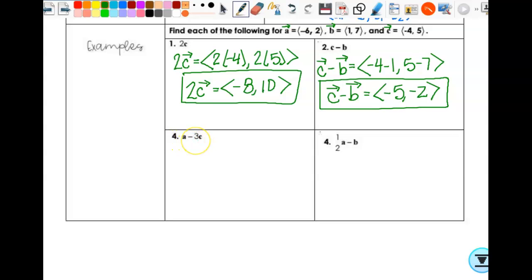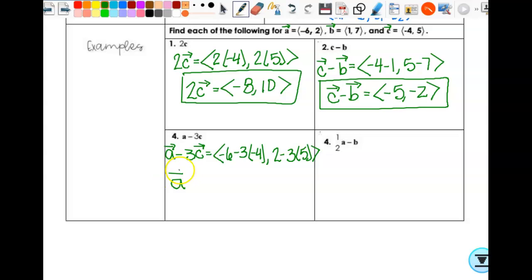All right, so then I have A minus 3C. A minus 3C equals, so A is negative 6 minus 3 times negative 4, and then 2 minus 3 times 5.